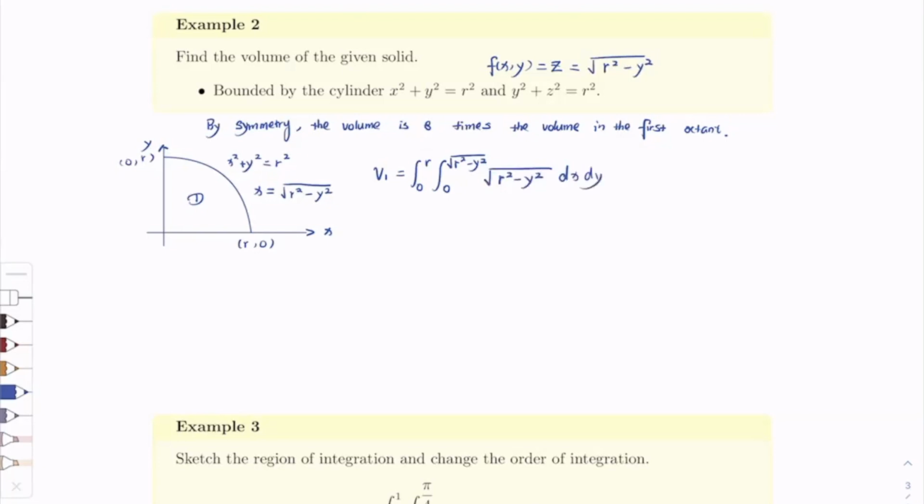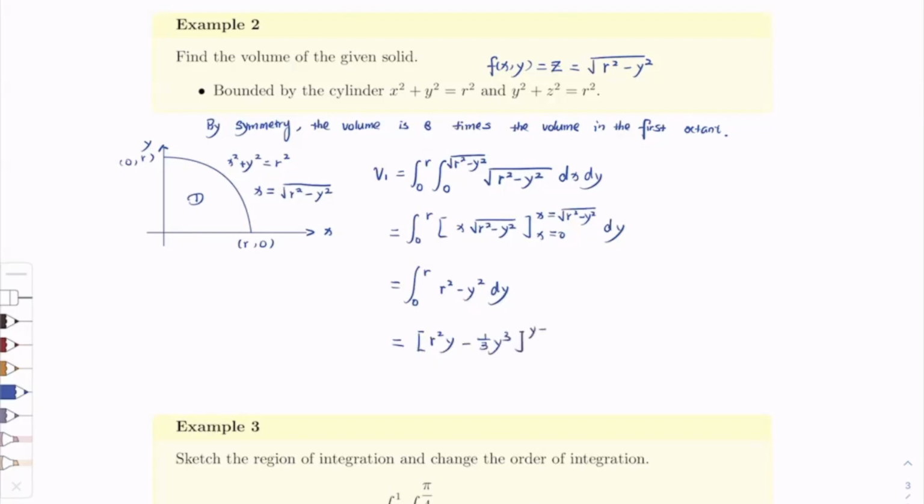Alright, the rest is just computation. So x times the square root of this, evaluated at x equals the square root of this and x equals 0, dy. That's gonna give you the integral of R squared minus Y squared dy, which equals R squared y minus 1/3 y cubed.